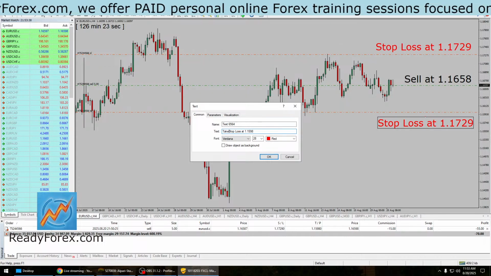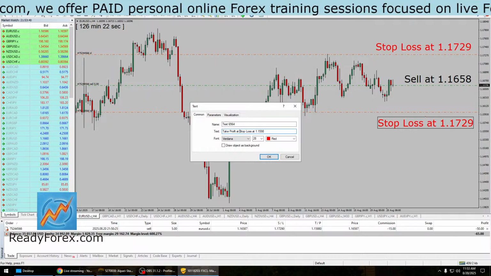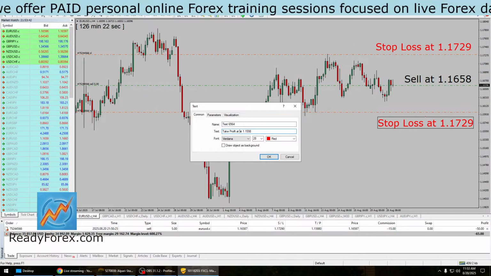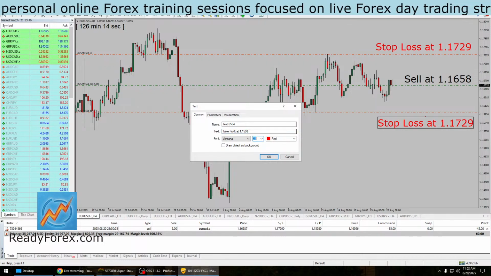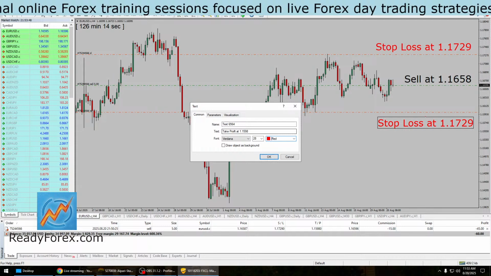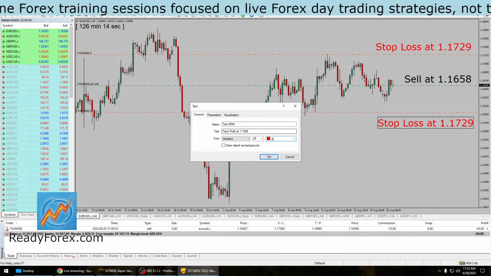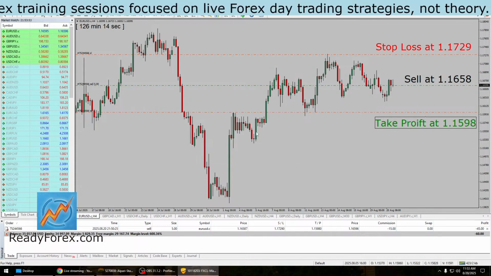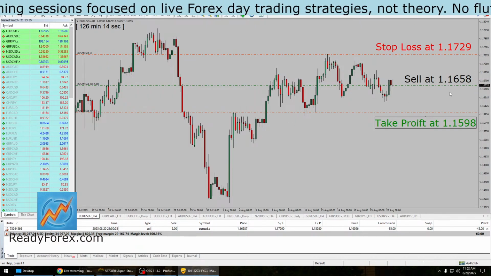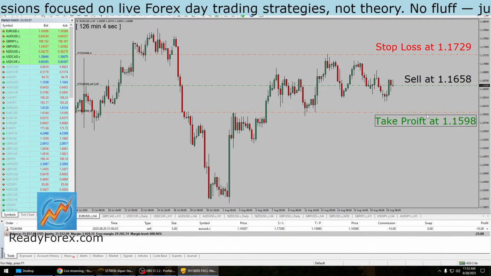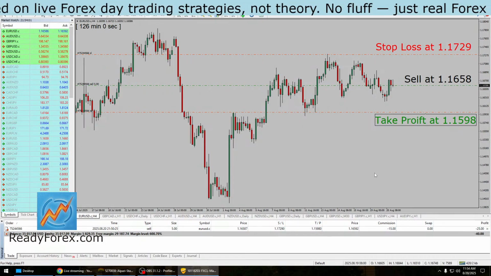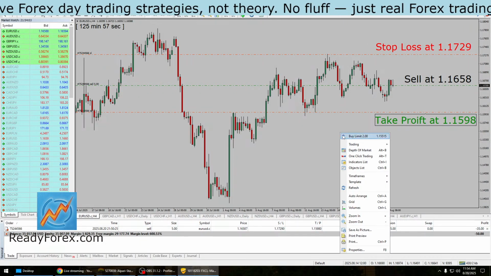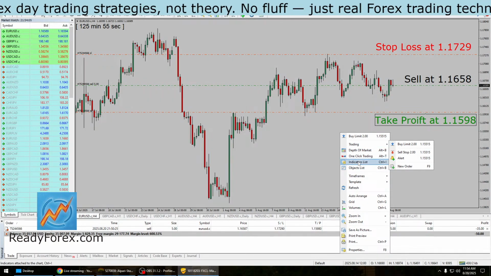Okay, so take profit at, okay, so this is the take profit level over here, and let's see how the market is going to move.